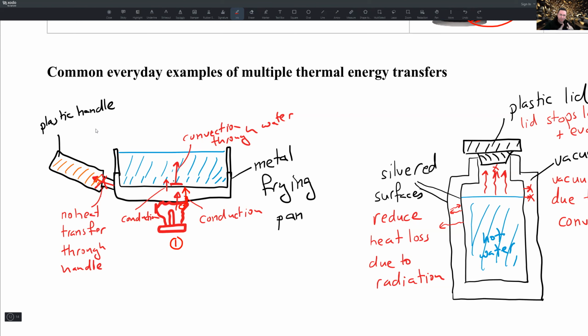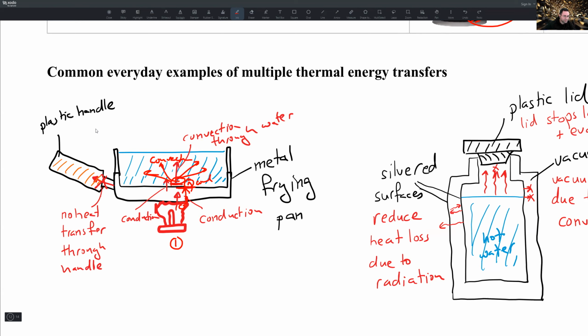Through the frying pan, يعني جوه الميتال بتاع البان, that's conduction. طيب, from the pan to the water, conduction. Because that's the part of the solid pan اللي لامسه الميه, that's touching the water. طيب, من الواتر لبقية الواتر, convection.